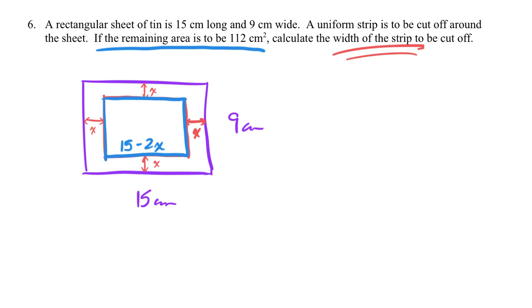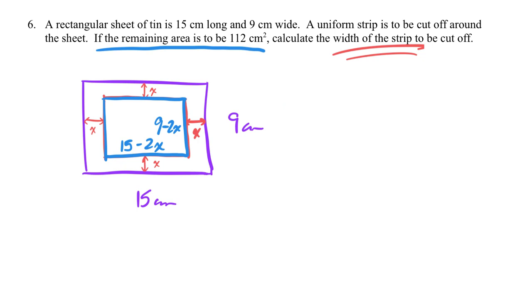Okay, if we've got that, we should be pretty good to know that the width of the blue rectangle has to be all the way up and down. There's my 9, but then take off an x, take off an x, so it has to be 9 minus 2x. And there are my dimensions of my blue.